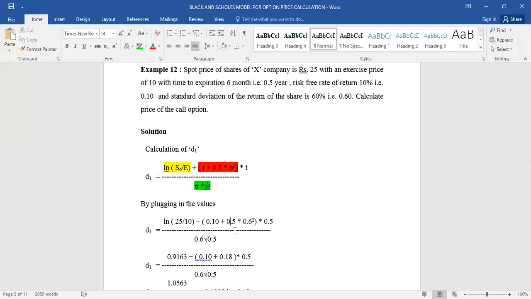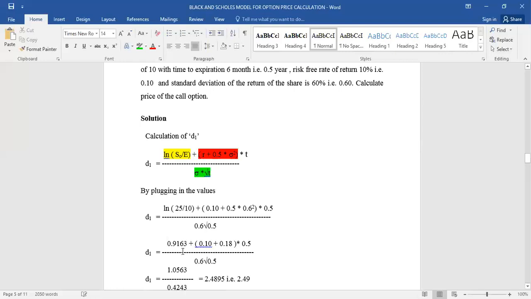So I'll be reading ln for 2.5. That turns out to be 0.9163. I have rounded off the values to the fourth decimal place. Then that is the solution for the yellow part. So this part's solution, you can see, is 0.961. Then the red part, we solve it out.